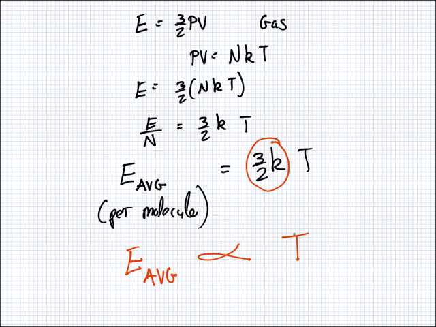Now that's very significant. What that says is, if I double the temperature, what happens to the energy per particle? Doubles. If I halve the temperature, then I would halve the energy. And what would happen if the temperature was 0 kelvins? No energy per particle. So what would that mean for its motion? Zero motion. Stationary.